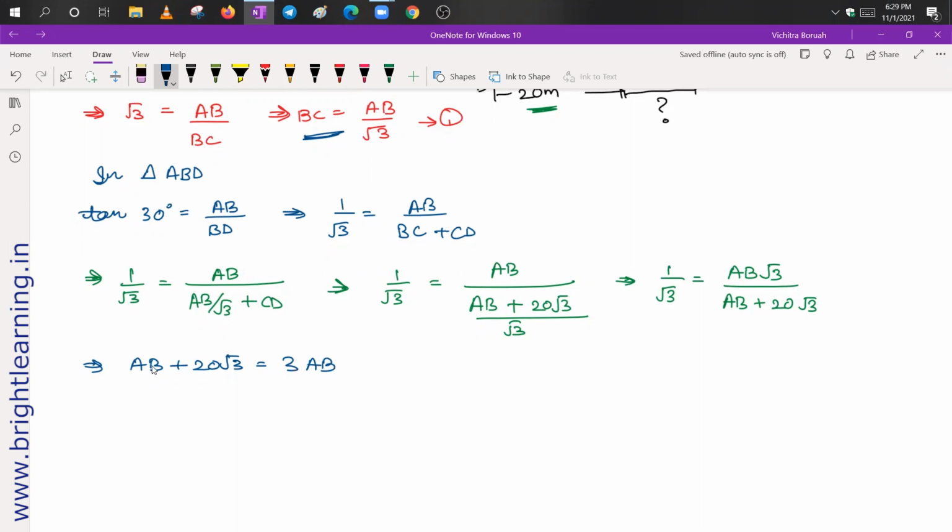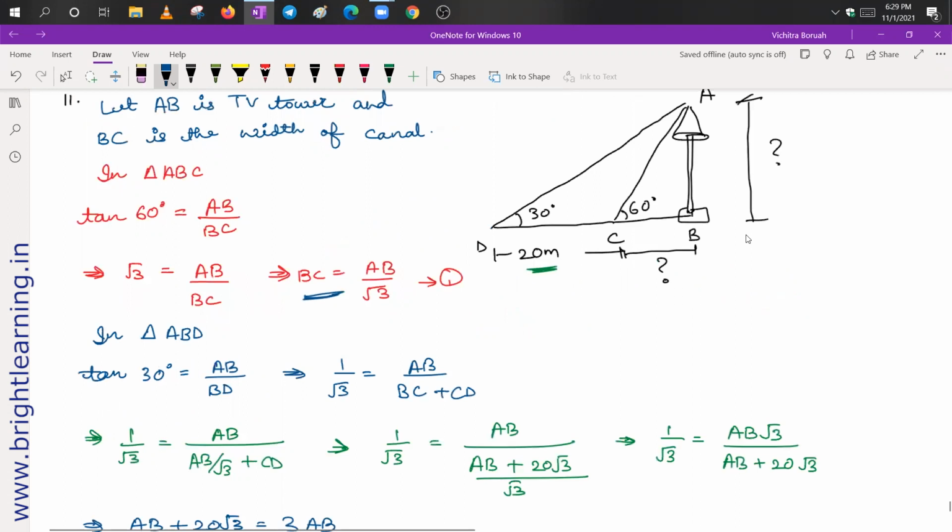So 3AB minus AB is 2AB. So from here you will get 2AB is equal to 20 √3. So from here you will get AB is equal to 20 √3 upon 2. So 2 tens are 20. So you will get 10 √3. Okay, so 10 root 3, we got AB, that is the height of this tower.